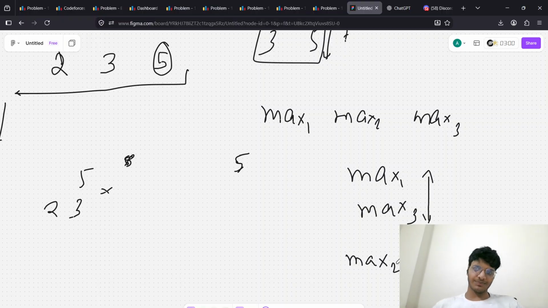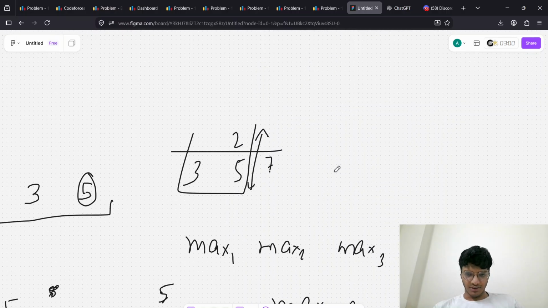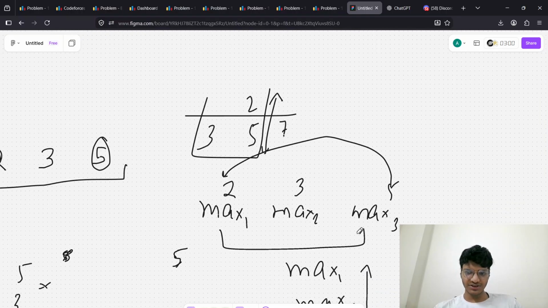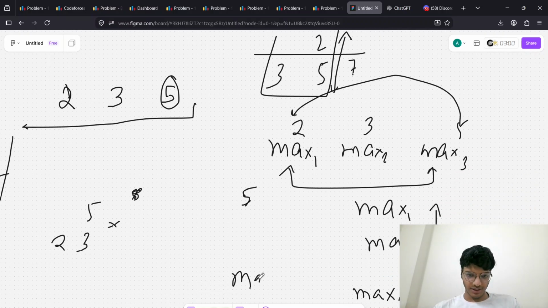What I wanted to say is, let's say this is 2, this is 3, and this is 5. We know that 5 plus 3 would be 8, and 5 plus 2 is 7. That is the minimum we can take out. So that's why we put the maximums here.